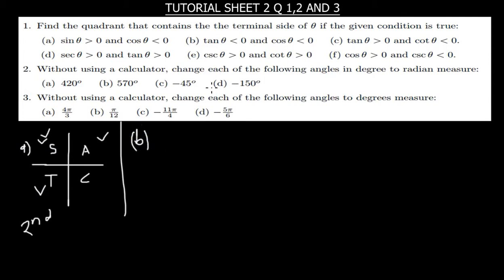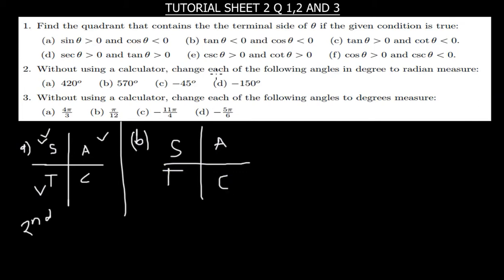So for question B, they are saying tan theta is less than 0 and cos theta is less than 0. So let me first write this plane.